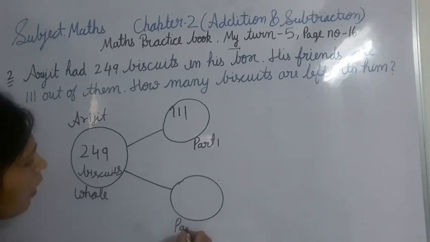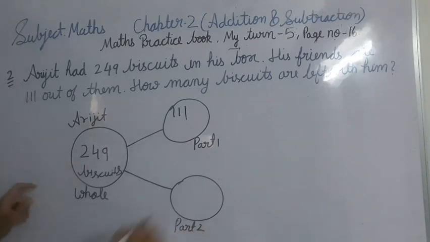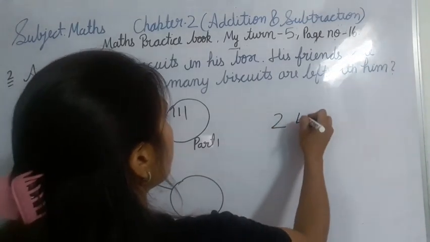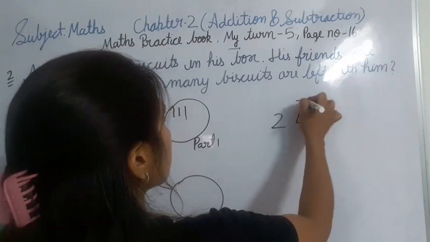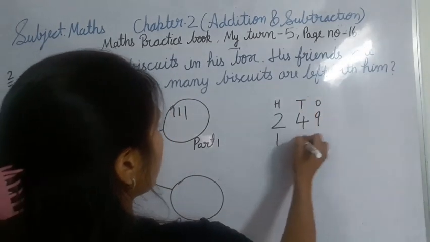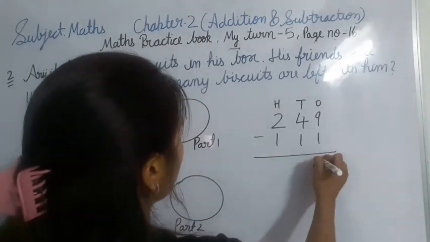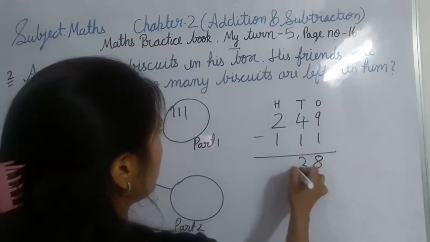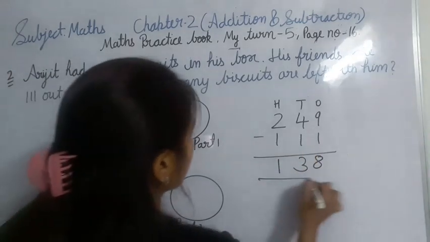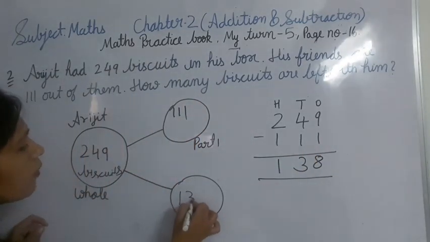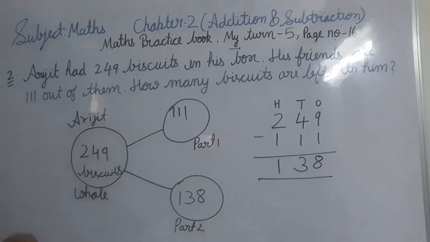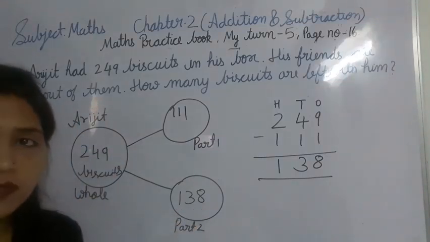So 249 in ones, tens, hundreds, and subtract 111. 9 minus 1 is 8, 4 minus 1 is 3, 2 minus 1 is 1. So the second part will be 138. Arijit is left with 138 biscuits.